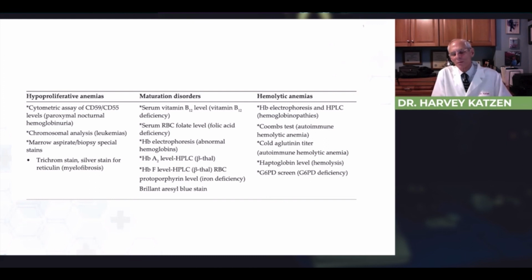Is there a problem in the bone marrow or is there a deficiency? If you think of this in simplistic terms, it helps you figure out even the most complicated of anemias. Final comment I would make: as a hematologist, when you see an anemic patient, look at the peripheral blood smear. There's a lot of information in there.